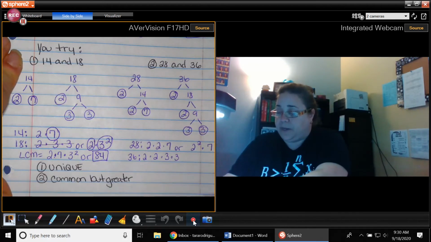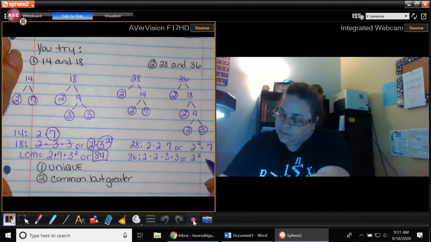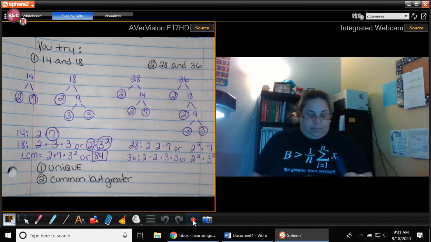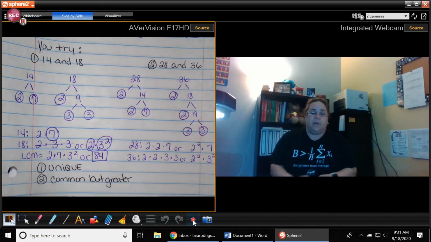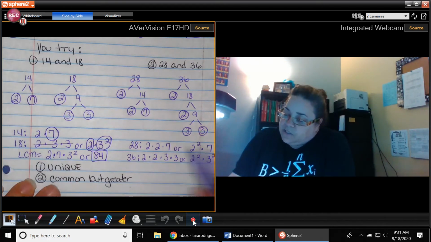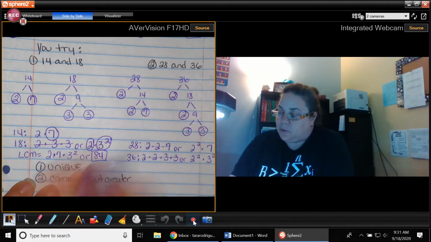Or the better way to write that is 2 squared times 3 squared. Okay, so now remember, I'm not going to use these ones because I have them set up over here nice and neat. Okay, so I'm going to just do a little cross out so I remember, don't look at those.